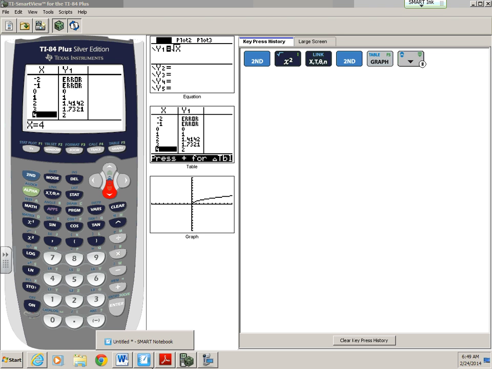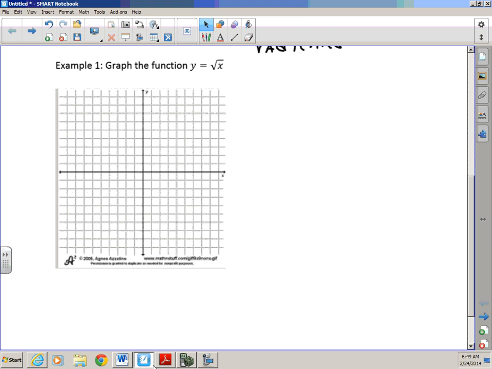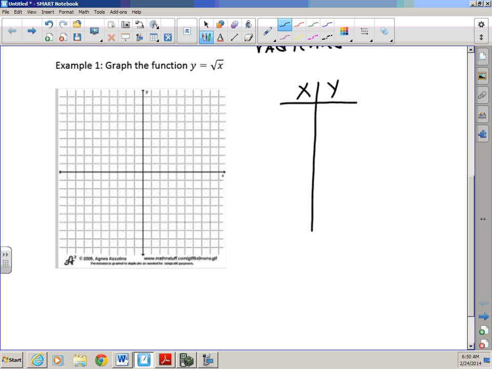So if I go back to the graph here, when I put in 0 for x, I get 0 for y, 1 for x, 1 for y, 4 for x, 2 for y, and 9 for x, 3 for y. I could put in the 2 and the 3 for x and get 1.4, 1.7, but let's use actual integer values.